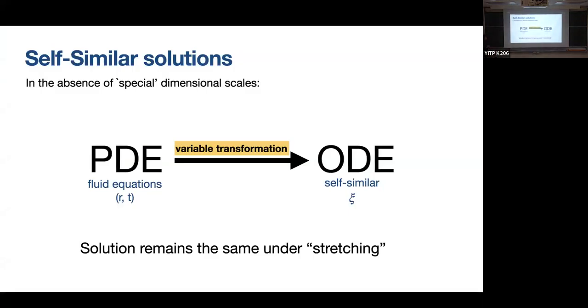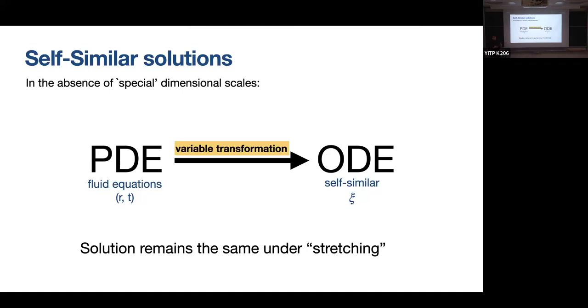If we're considering a problem where there are no typical or special dimensional scales, such as a special length scale or a special time scale, then we can take our set of PDEs that we want to solve. In our case, it's the fluid equations that have two independent parameters, the radius and the time.